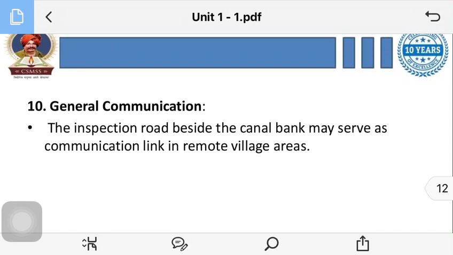The inspection road beside the canal may serve as a communication link in remote village areas. It means the inspection path provided may give a good roadway to villages for walking and cycling, and thus increases the facility of communication.